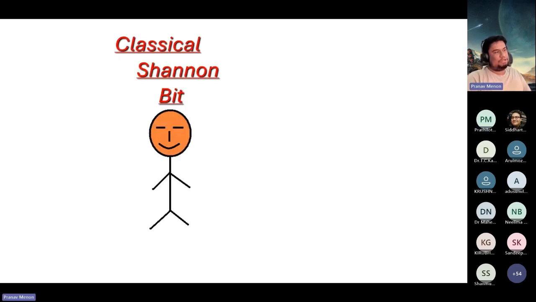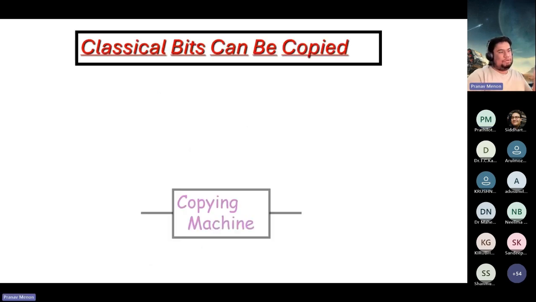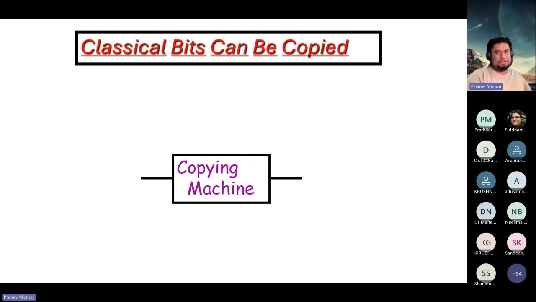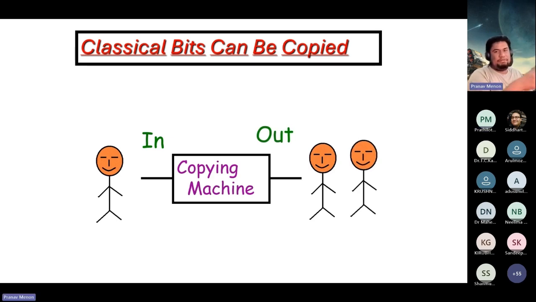Okay, so let's say a Shannon bit is like a decisive person. It knows whether it's a zero or a one. When you look at a Shannon bit, which is the binary bit that we are used to, like I said, it can be copied, and you can have the same thing replicated around for whatever process that we're trying to do.